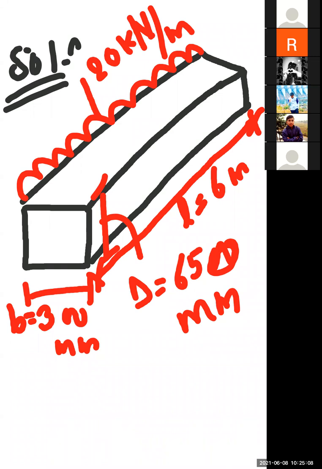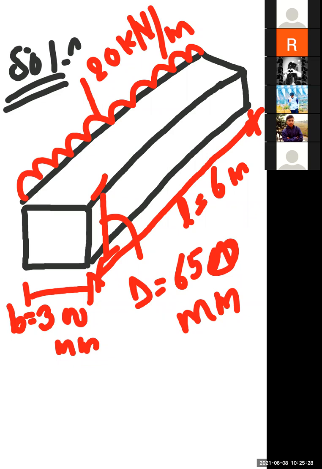Right? Live load always acts like a UDL. Is this figure clear or not to all? It is clear, ma'am.